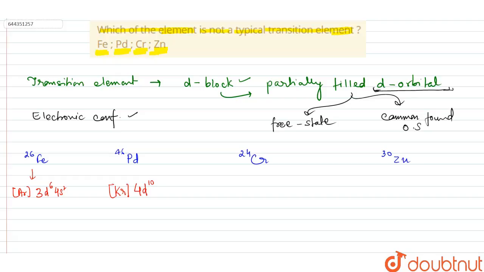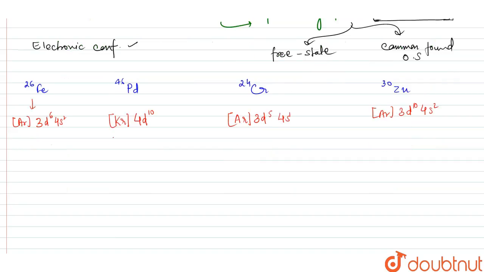For chromium, again argon, 3d5, 4s1. And for zinc finally, again argon, 3d10, 4s2. Now let us analyze the electronic configuration of all these elements. So what happens here? Let us see.